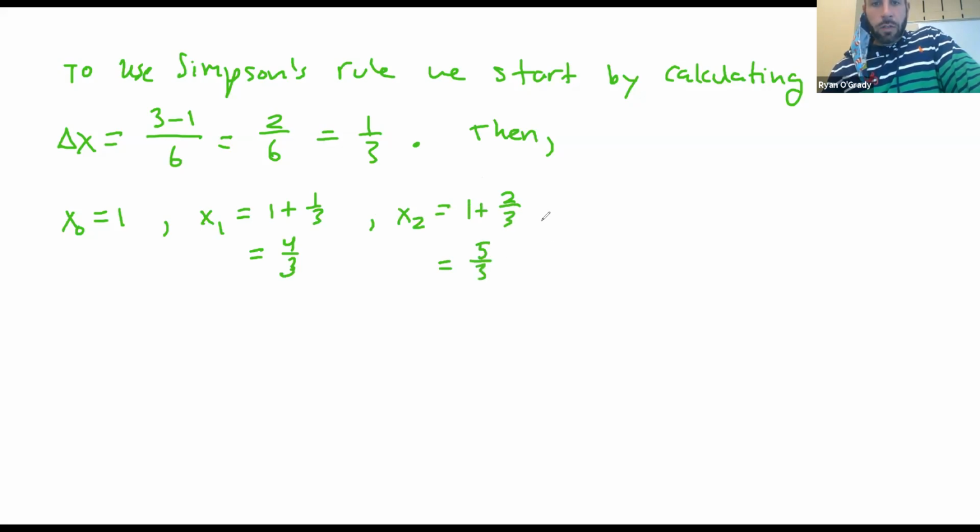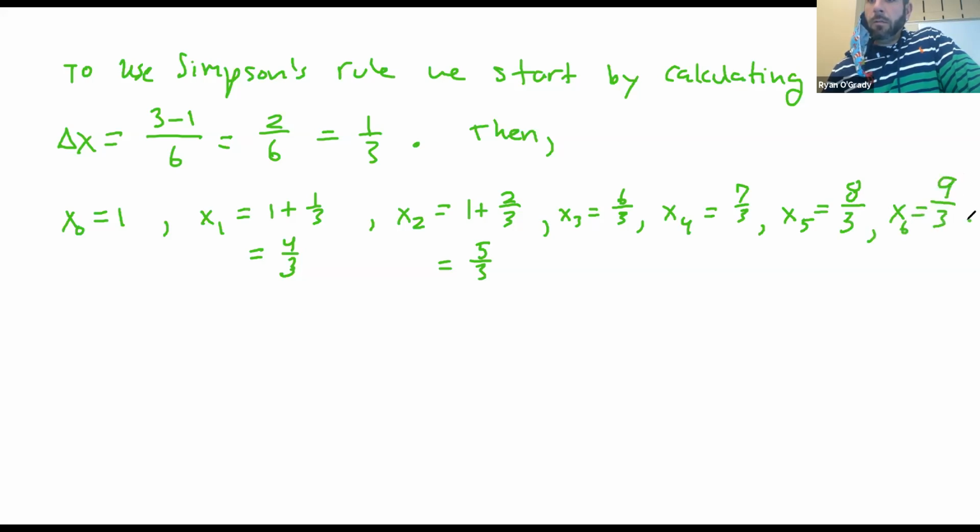And then it's not hard to see what the pattern is: x sub 3 is 6/3. X sub 4 becomes 7/3. X sub 5 is 8/3. And as expected, x sub 6 is 9/3. And why do I say as expected? Because x sub 6 should be the number 3. And last I checked, 9 divided by 3 is in fact 3.